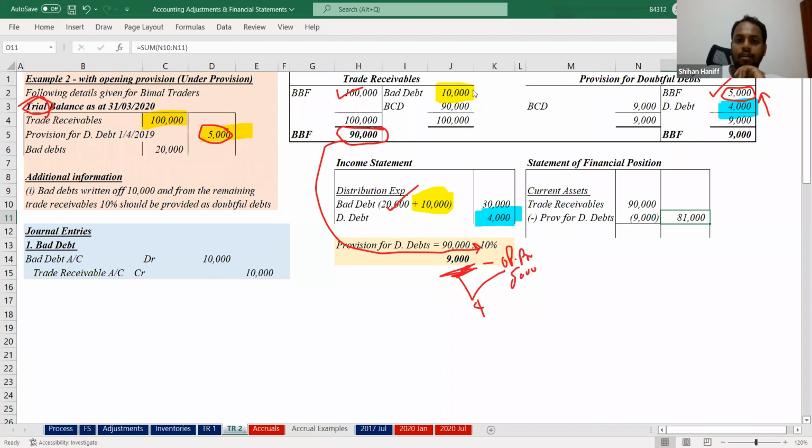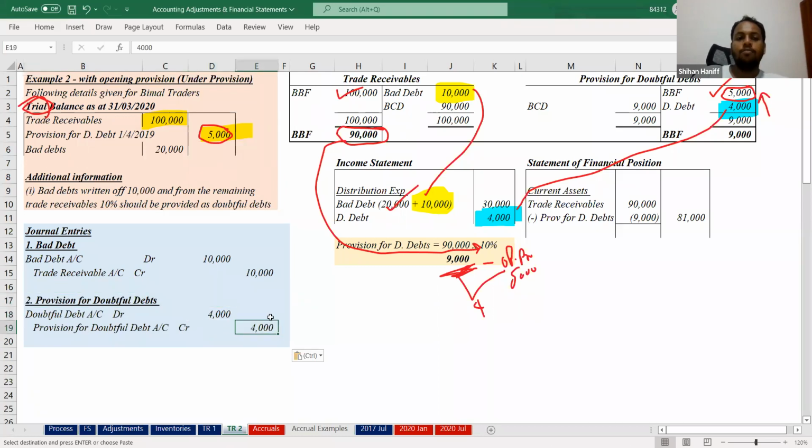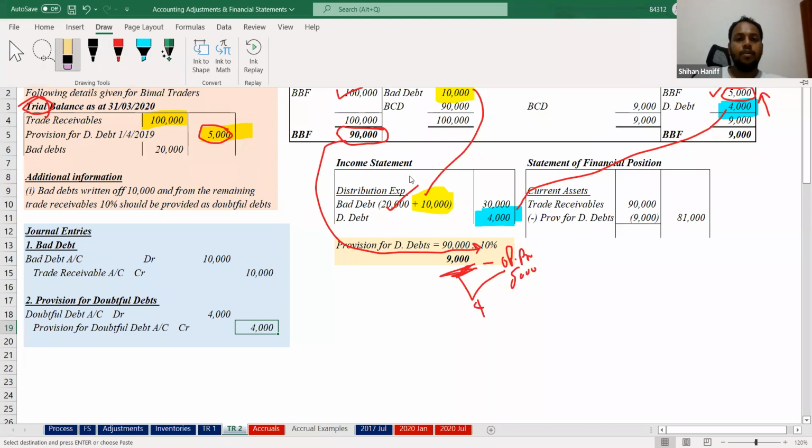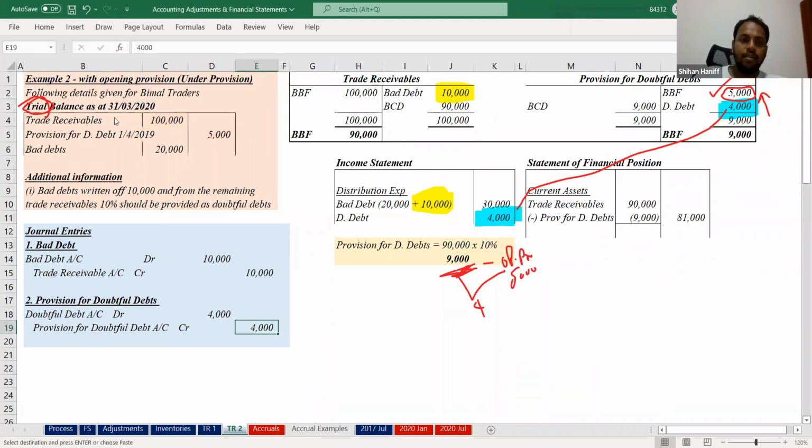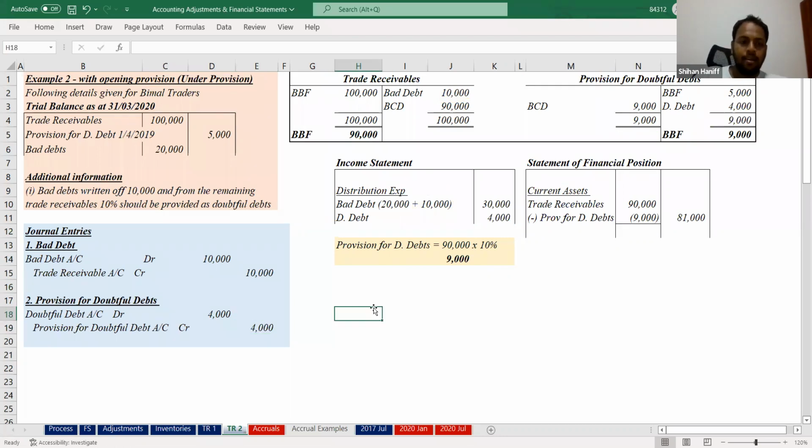Double entries we have taken, 2 entries. Bad debt double entry is done. Provision is 4,000, 4,000. This adjustment is compulsory. Every year there is one question definitely from the doubtful debt and bad debt.